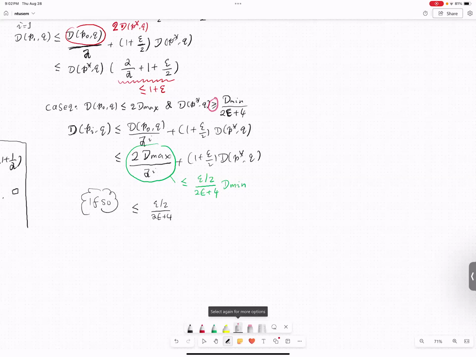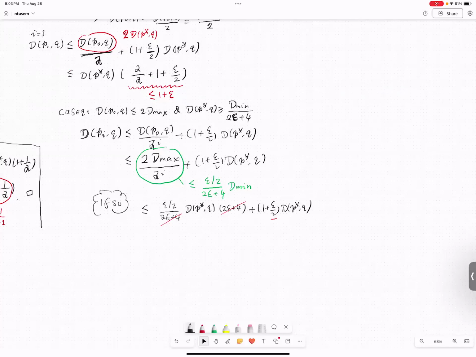As you can see, this d min is less than or equal to d P star Q, multiplied by this 2 epsilon plus 4, which now appears in the numerator, which is great because that will cancel out the 2 epsilon plus 4 in the denominator, right? So this is 1, and then d P star Q. So now you can see this is essentially what we want. We have this epsilon over 2 there, and another epsilon over 2 here. So eventually we get 1 plus epsilon, right? Okay, cool.